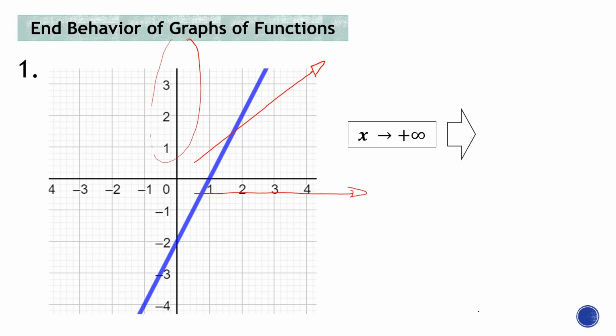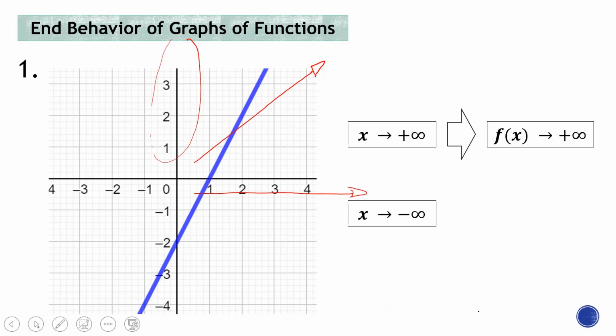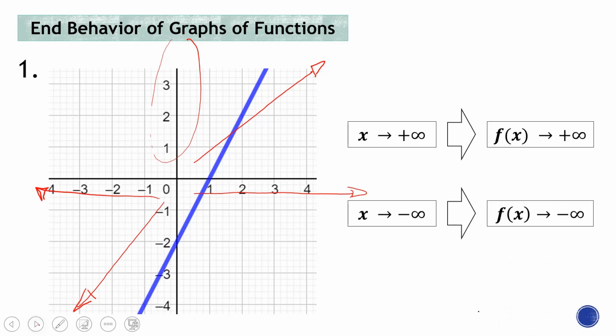So f of x is also approaching positive infinity. Now look at the other side of the graph. As x is going towards positive infinity, where is the right side of the graph going? Obviously, this direction, which means going down, towards negative infinity as well.